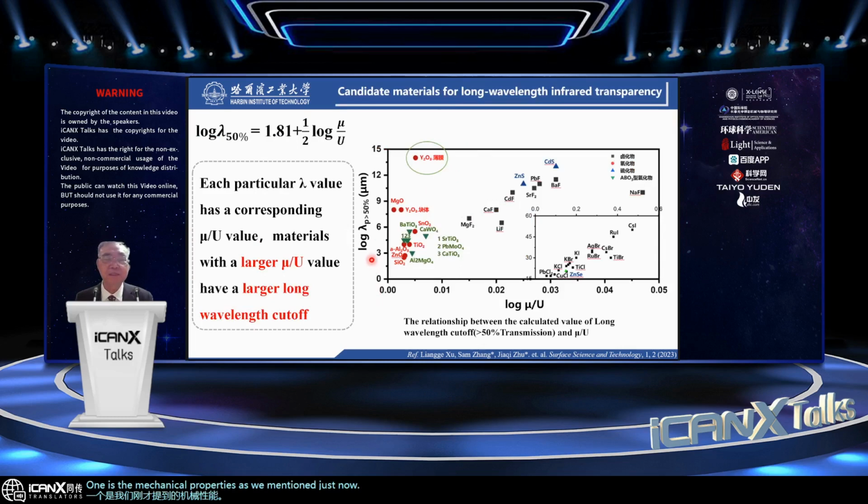As you can see here, if you plot the materials in this space, log of lambda wavelength versus log of mu over u, you can see that with the increase of log mu over u, where u is the lattice energy, when lattice energy goes down, this mu over u goes up.